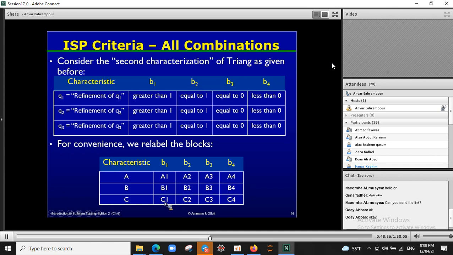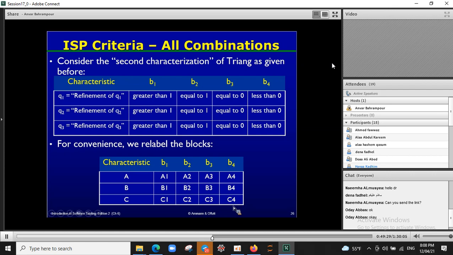This is enough for our goal, because our goal is to test each block once in at least one test case. And when we define this combination as the second test case, we have also tried A2, B2 and C2 in a test case.